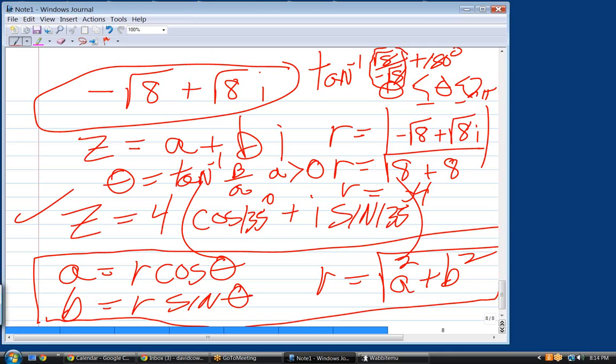I can't believe it. It's fundamental to so many vector problems and this trigonometric form of a complex number. Basically, what you want to do is treat that as x and that as y. And then you'll figure out r based on that, and you'll figure out theta based on the inverse tan of y over x.